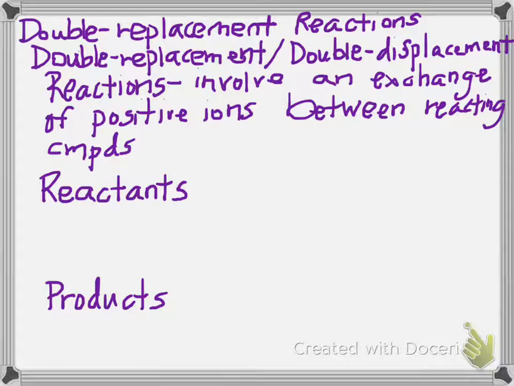As always, we're going to move into what I see for my reactants for double replacement reactions and what I see for my products. Focusing first on the reactants. Again, if we look at our definition, it gives us a clue, right? It tells us that these reactions involve an exchange of positive ions between reacting compounds.